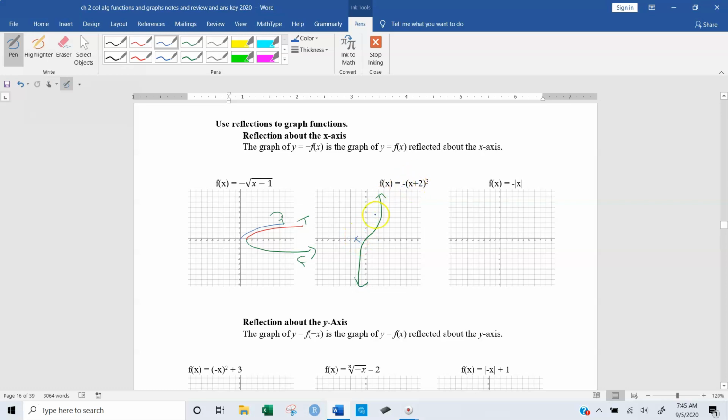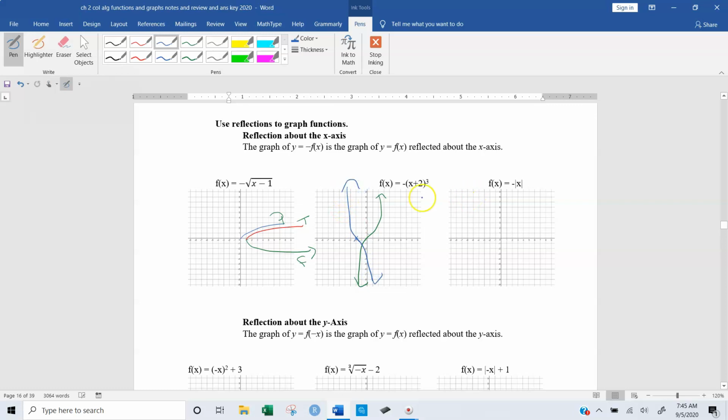Now, instead of going up 1, right 1, I'm going to go down 1, left 1. And then instead of going left 1, down 1, I'm going to go left 1, up 1. And then my new graph looks like so.